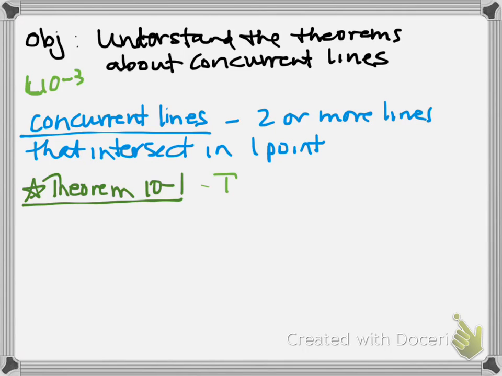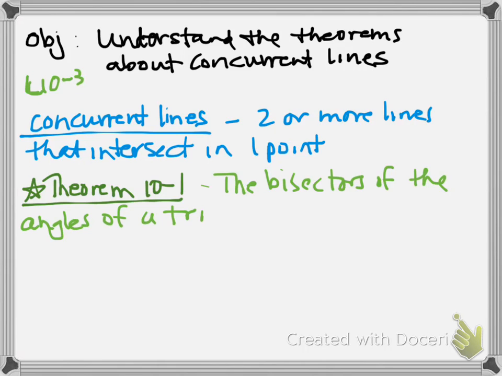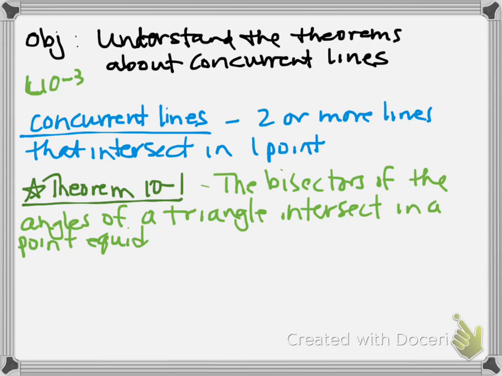The bisectors of the angles of a triangle intersect in a point equidistant from the 3 sides of the triangle. Okay.